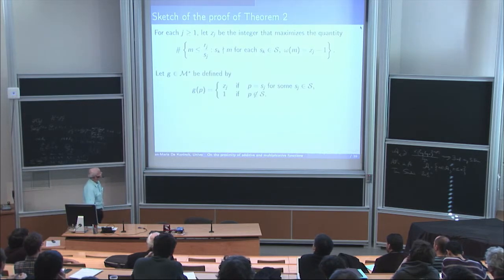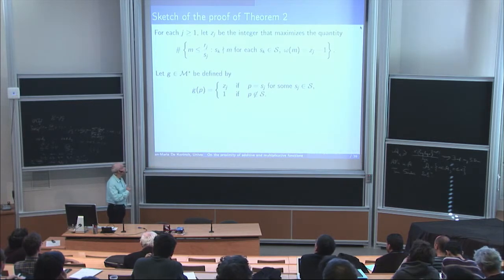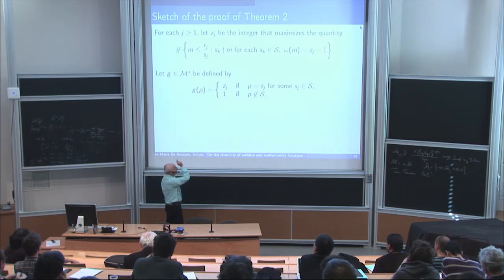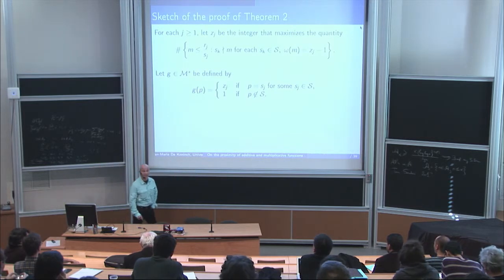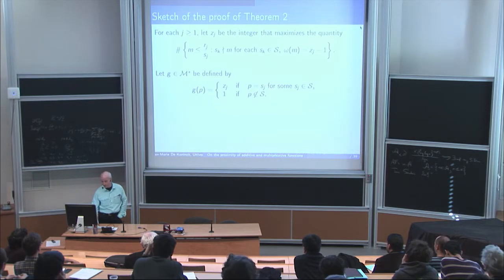Okay, now we define g differently than before. Recall before we defined g of p to be j, the index of that prime in the set S. Now I define it as zj. It's different. And then it's one outside of S, in other words, one most of the time again.